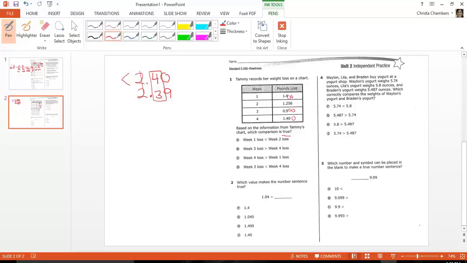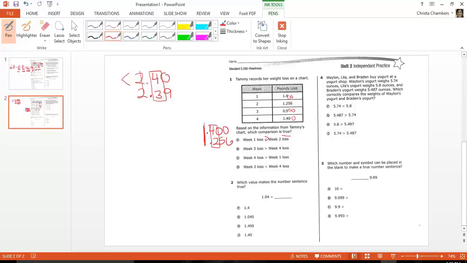So week 1 is actually greater than week 2. So I'll write it over here. Here's week 1 and here's week 2. The ones are the same. So I'll come out here to the tenths place, and the 4 is bigger than the 2. So week 1 should be greater than week 2.